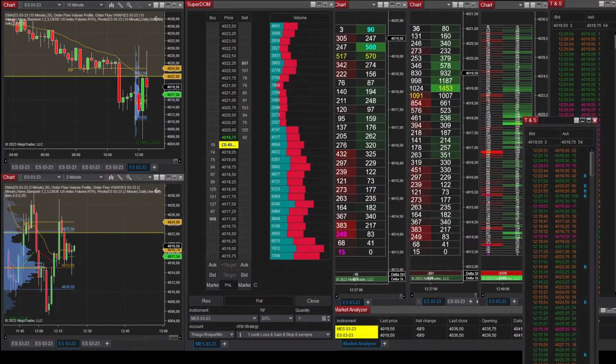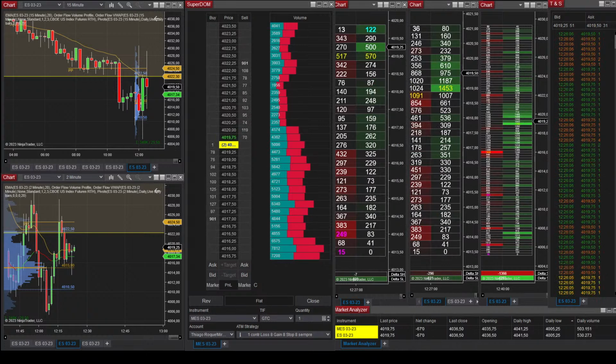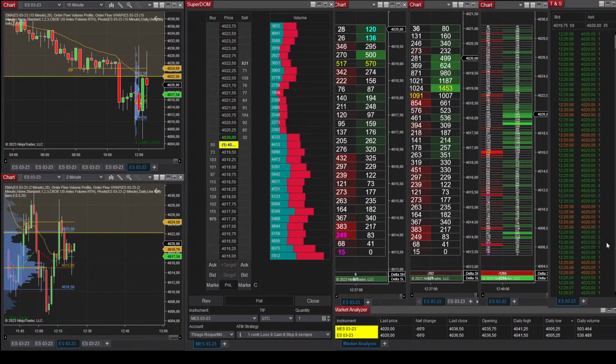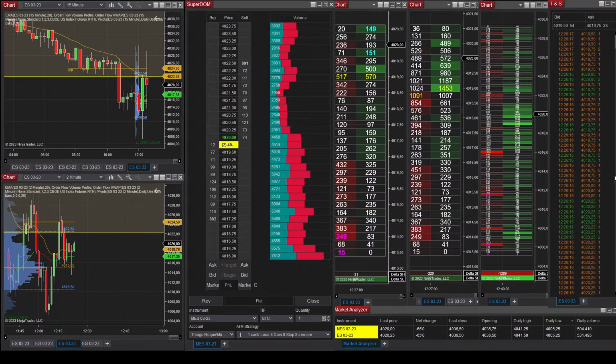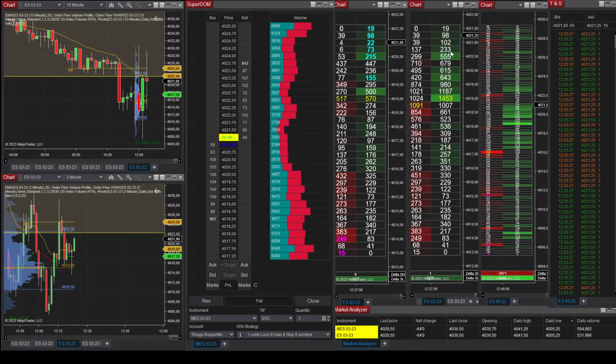This time it varies, but at this time they're being more aggressive. So let's see if they're going to succeed to overcome. We're seeing lots of absorption here.